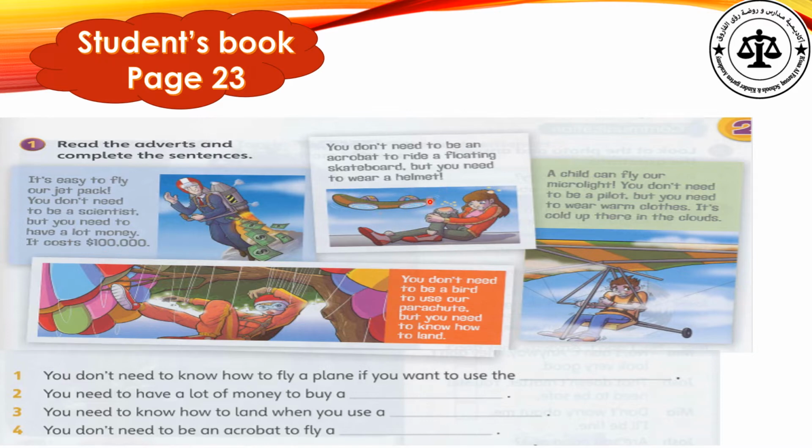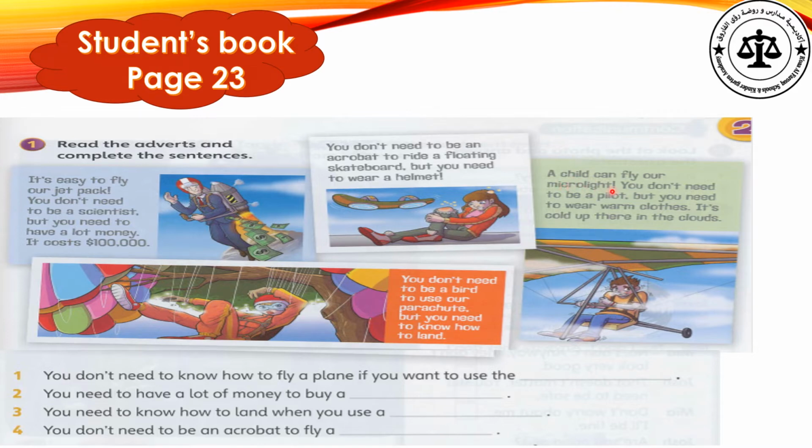Look at this picture. You don't need to be an acrobat. Acrobat means بهلوان. To ride a floating skateboard. This is a floating skateboard. But you need to wear a helmet. ضروري إنك تلبس الهلمت. Look at this plane.